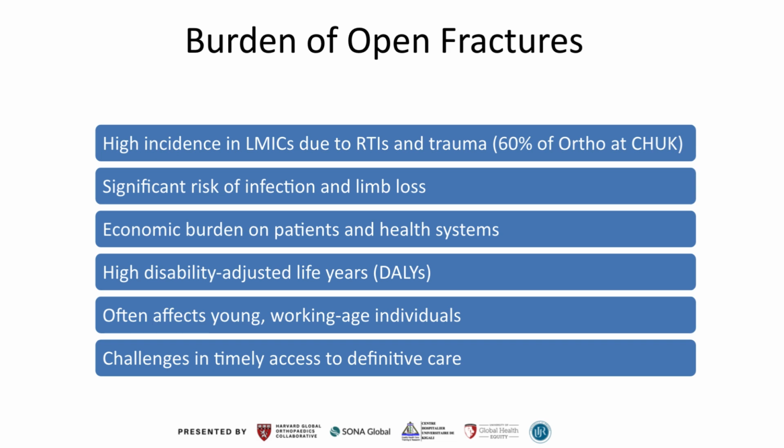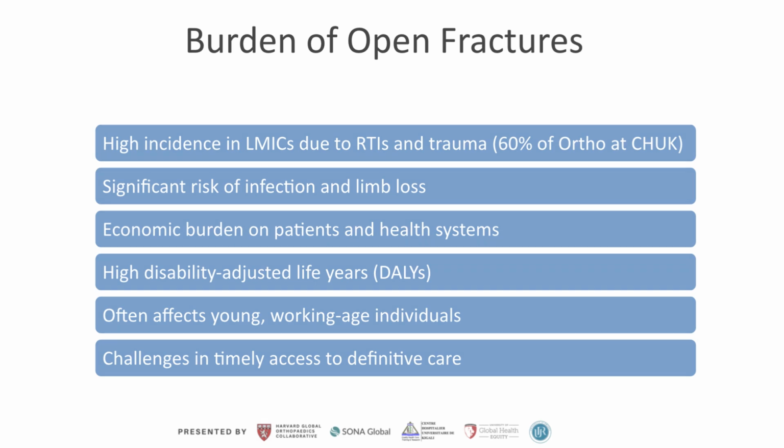It's why I think this workshop is very, very important, looking at how we can decrease all of these disabilities and complications, and also the economic loss that we are suffering all the time.